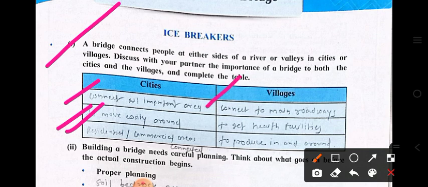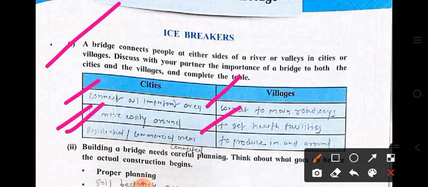Then what about the role of a bridge in the village area? It connects to main roadways. It means bridges can connect villages to main roadways across difficult mountain terrain or rivers. Bridges can interconnect villages, and villages to cities, through the highways. What about the second point?